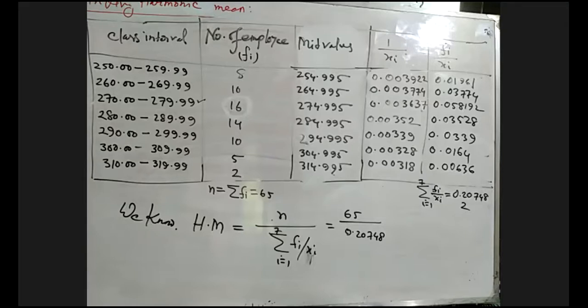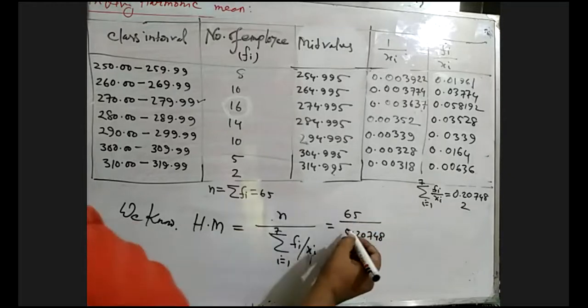So harmonic mean equals n divided by summation i equals 1 to 7, because there are 7 classes here, of fi by xi. This is the harmonic mean formula for continuous class intervals or continuous data.